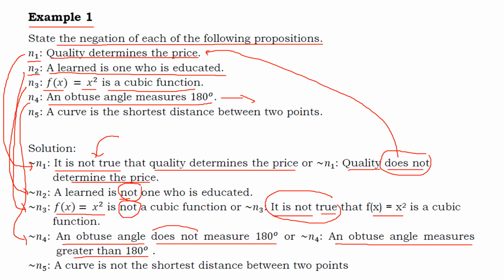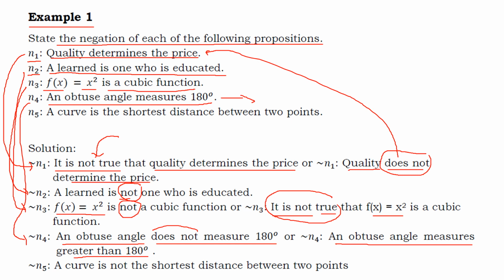Here, as you can see, if you read this one, an obtuse angle measures 180 degrees, meaning to say exactly 180 degrees. So there is no such thing as 170 or 190. So if our statement is aligned to more than 180 or less than 180, then we are just simply opposing the statement that an obtuse angle measures 180 degrees without putting does not or it is not true.